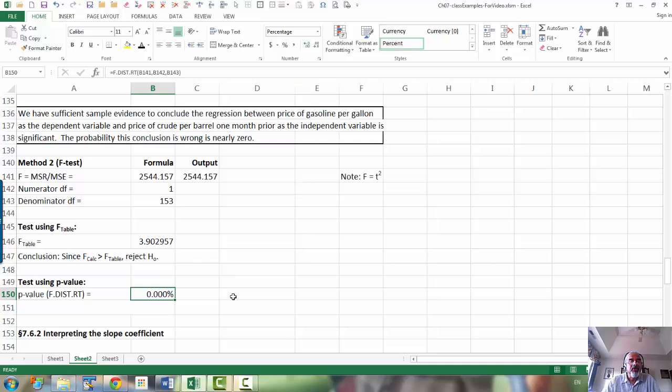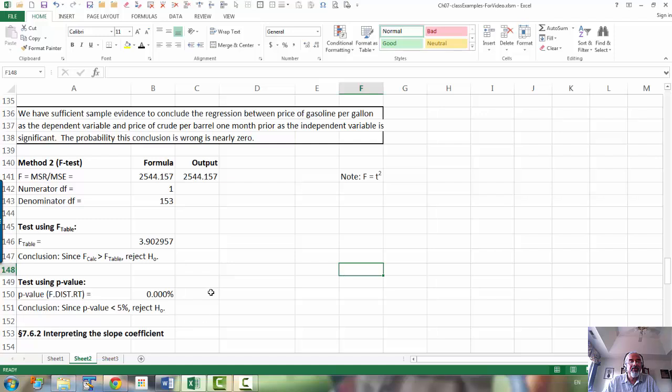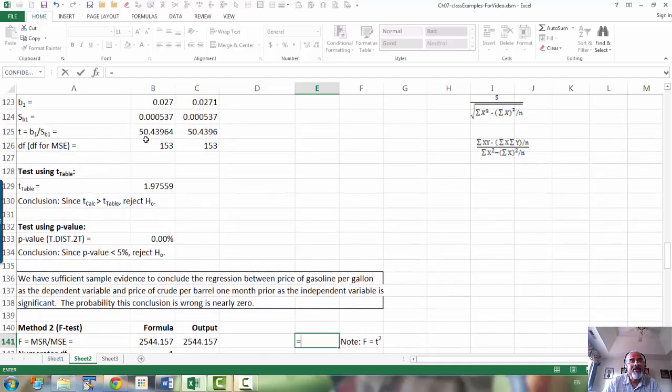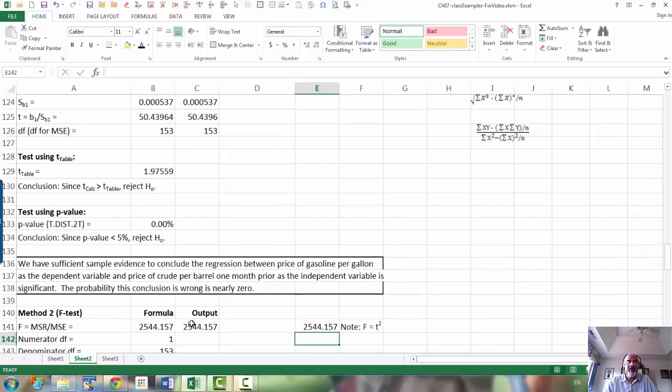So we reject the null hypothesis. Since the p-value is less than 5%, we reject the null hypothesis. Here we need to note something. This F value is actually t squared. So if you take the t that we got from the previous case right here, if you square it, you get the F value.